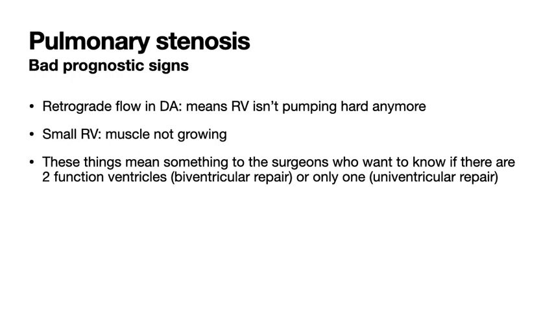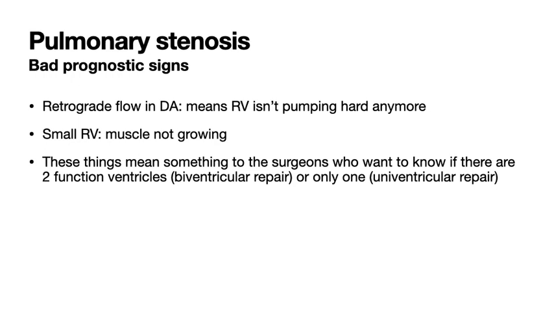If your ventricle is not growing, well, at 40 weeks, it's not going to be a 40-week ventricle. It's going to be a tiny ventricle and may not be usable at all. And the surgeons need to know that because they want to plan for a biventricular repair or univentricular repair, meaning basically you've got a heart that normally has two ventricles, two pumps that sit side by side.